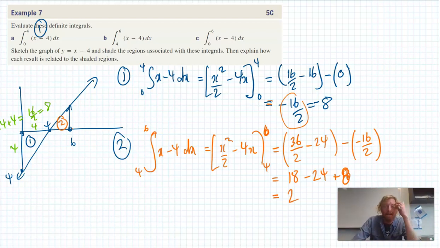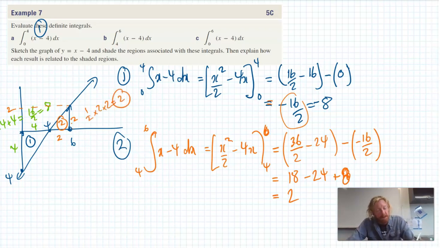Now that was a little bit complicated when we could have just looked at the triangle again. Knowing that it's all positive, this guy's going to be a base of 2 and a height of 6 minus 4, which is 2. Half by 2 by 2 equals 2, which is our same answer here. Finally, the third part, C, the integral from 0 to 6.